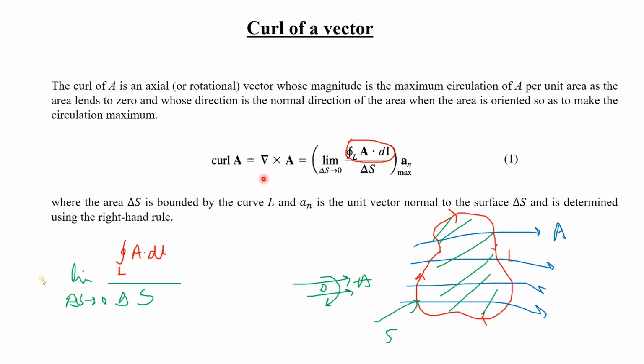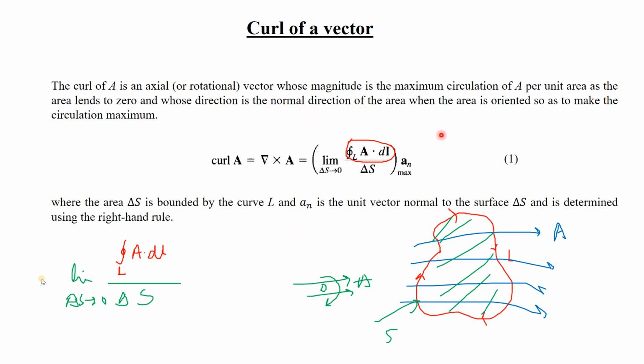Yes, so it is the rotational vector, and since it is a rotational vector, curl of a vector is a vector, so it must have a direction. In divergence, we were not bothered about the direction because divergence of a vector was a scalar, but curl of a vector is a vector itself, so it must have a direction.